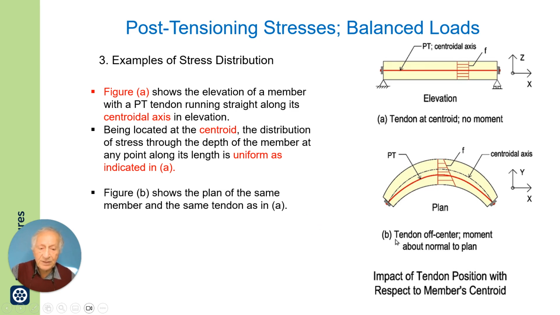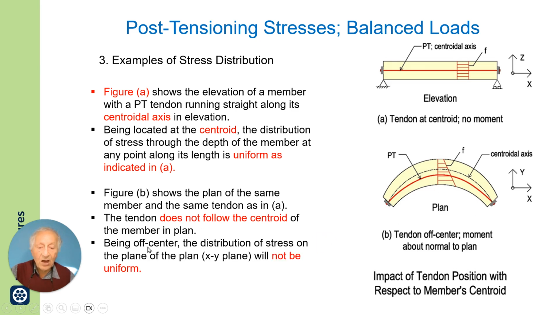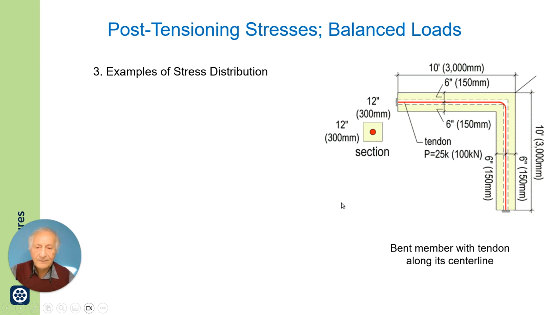Now, figure B shows the same member in plan. In plan, the tendon does not follow the centroid. The off-center position results in a non-uniform distribution. So you have uniform distribution through the depth, but non-uniform along the horizontal axis.